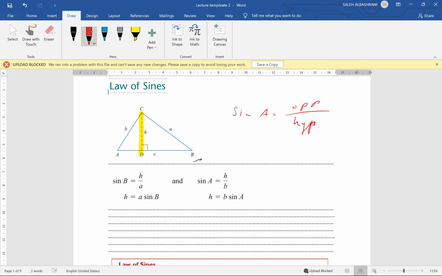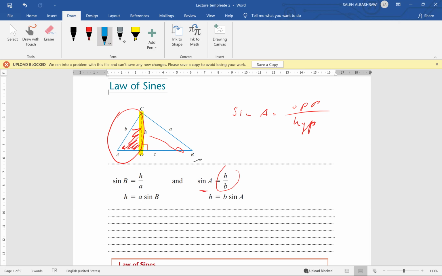Since h is opposite to the B and A, I can use either the angle A or the angle B. So I want to use the small triangle, this is ADC. So sine of A will be the opposite, which is h over b.